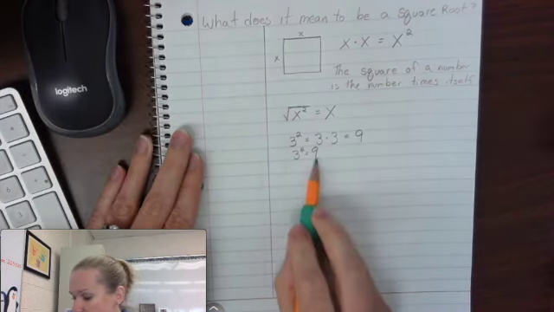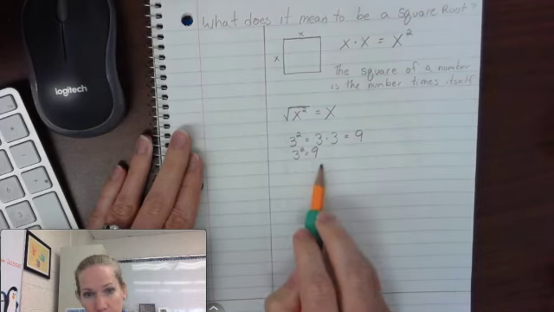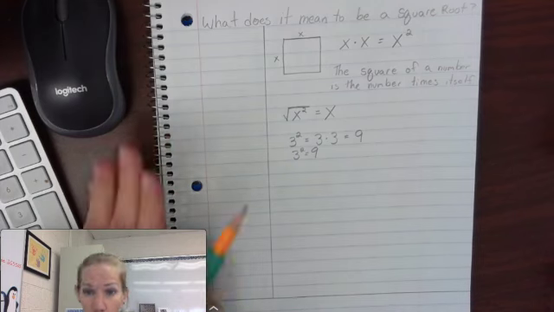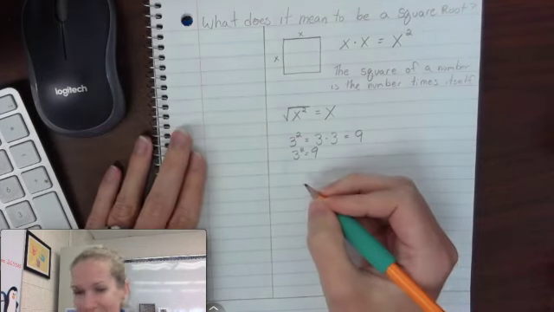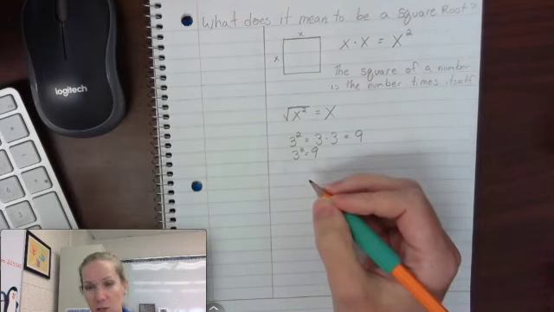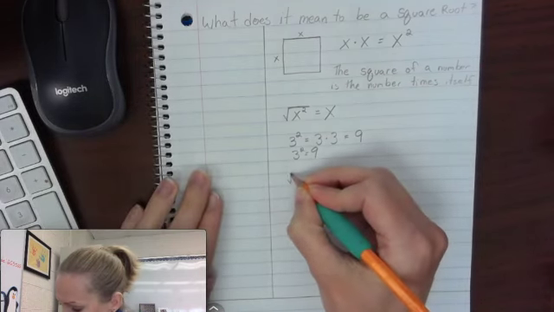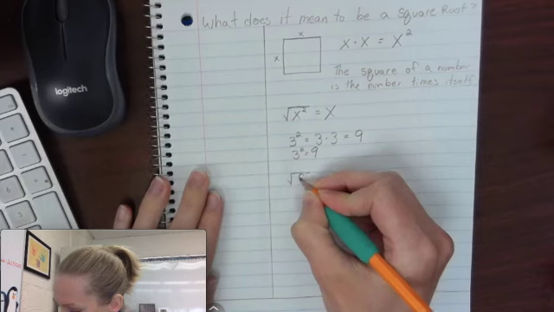So if I just get the number 9 and I want to find out the square root of it, I want to find out what did we square to get the number 9. So I'm going to take the square root of 9.